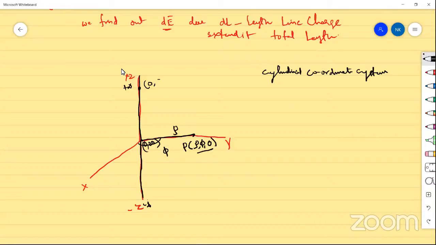Okay, so it has the same phi with respect to this, if you consider, and it is at a distance of z dash from the origin. Then this point is 0 comma phi comma z dash. So consider that this point is on the same plane. So when it is the same plane, this phi will be the same.